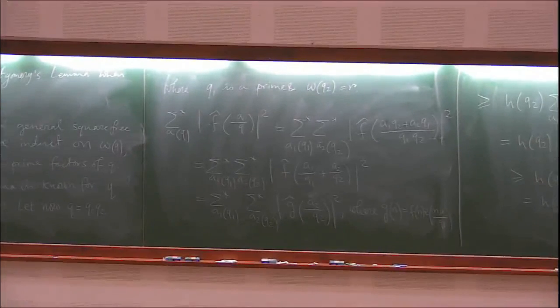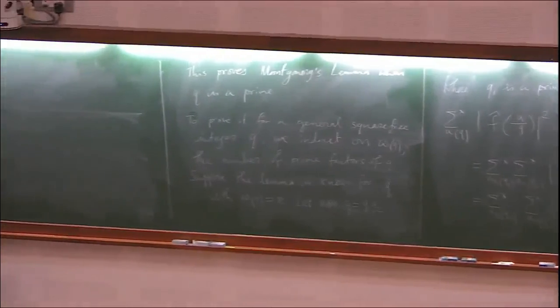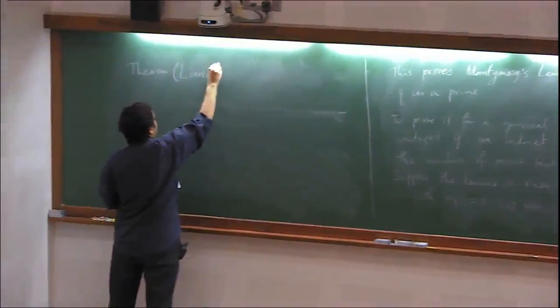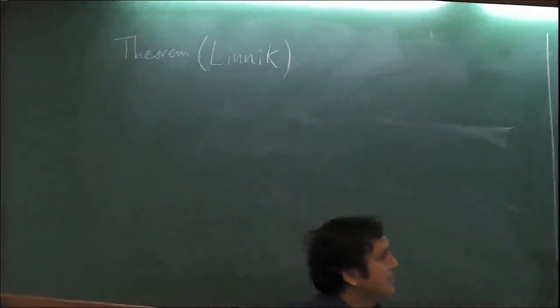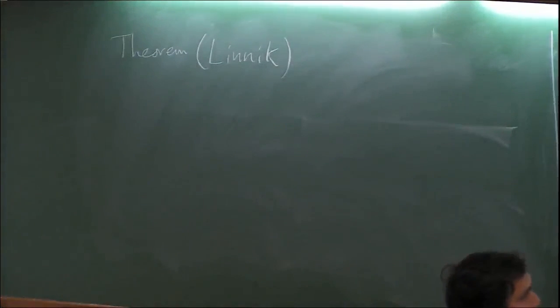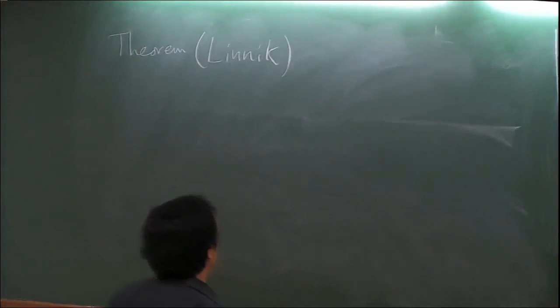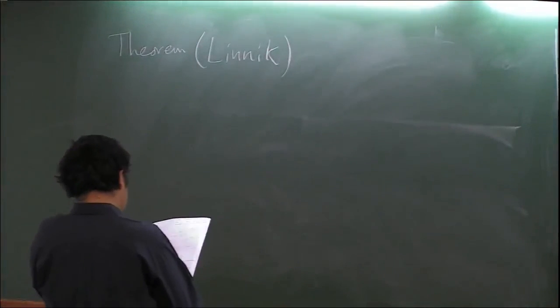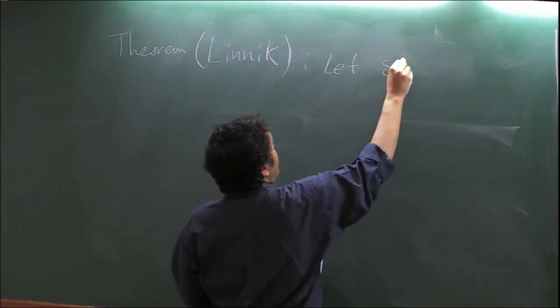Okay, so theorem. Linnik was the father of the subject, the large sieve, and it was developed by many other people, Rényi, Davenport, Montgomery, Selberg, and so on. So let epsilon be given.